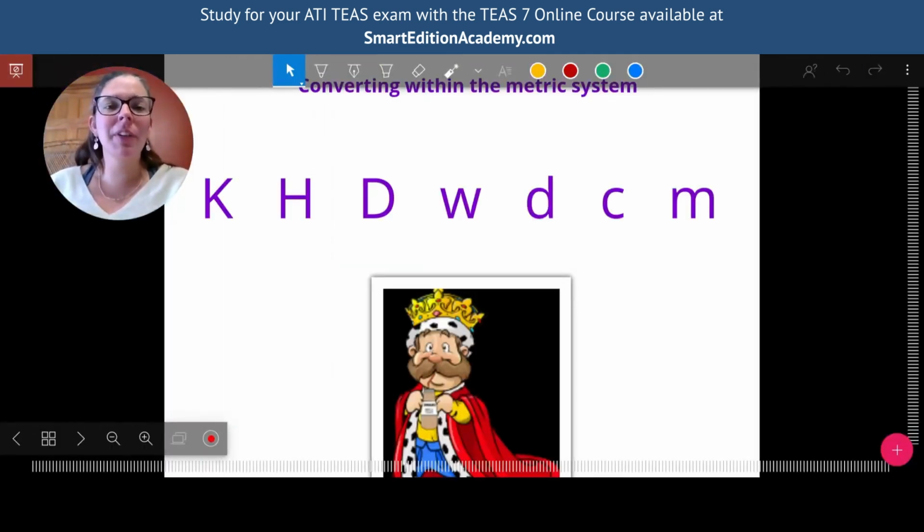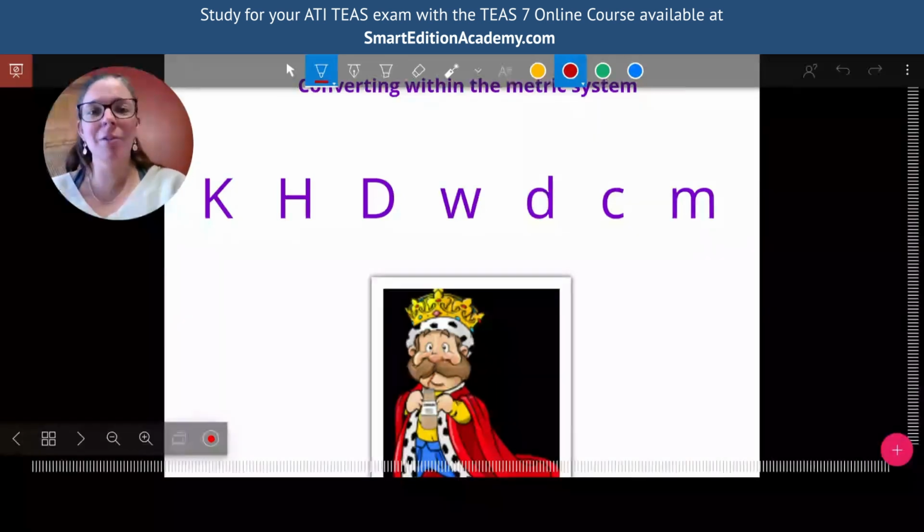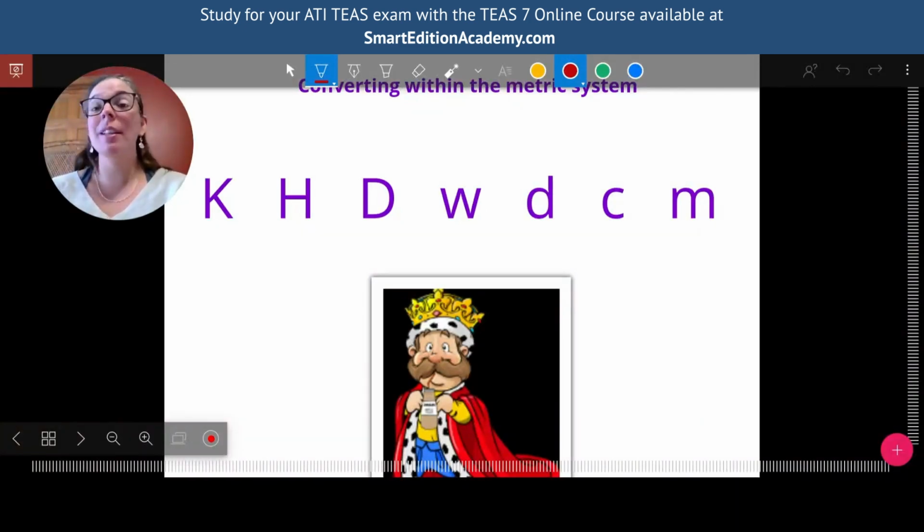When we are talking about converting within the metric system, this is just a little trick, a mnemonic that I like to use to help those of us who struggle with some of that memorization and just want another strategy that they can pull out, especially if you have some test taking anxiety, or you get a little bit stressed or flustered under those circumstances. Pulling out a mnemonic like this, something a little bit silly that's easy to remember, can help you if you get stuck or you blank on a question like this.